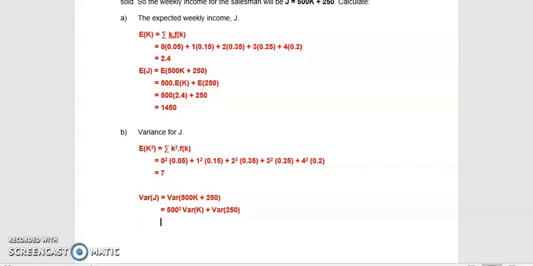So here 500 squared is 250,000. We need to find the variance of K first.